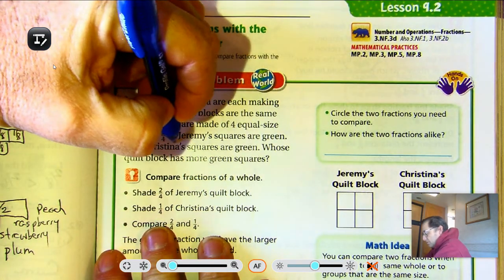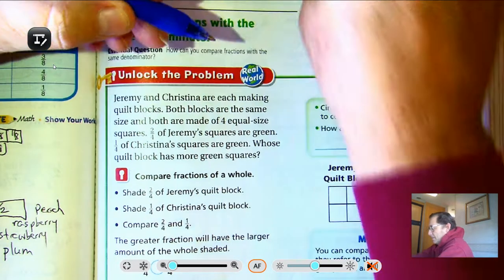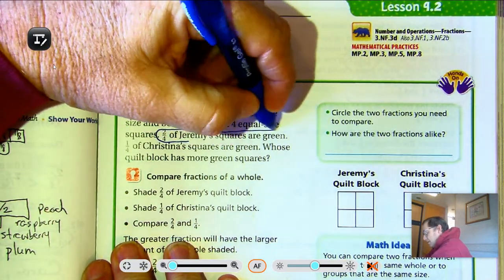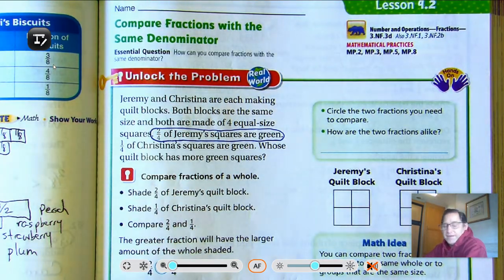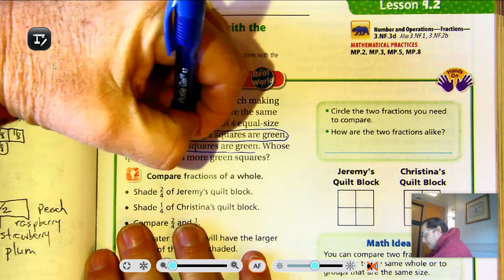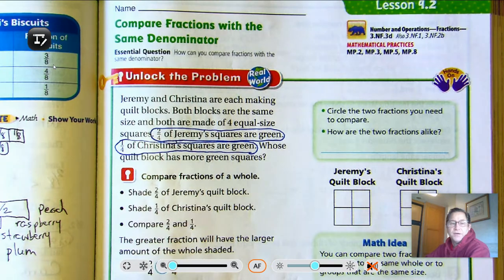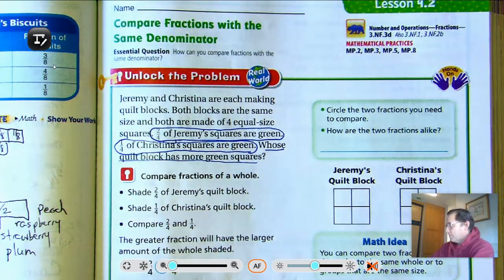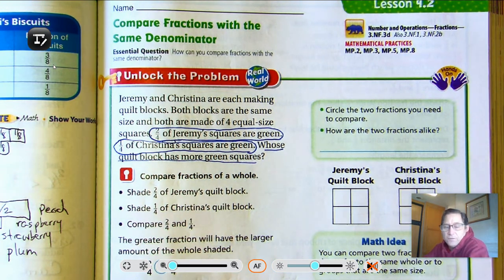All right, so it told us 2/4 of Jeremy's squares are green, and 1/4 of Christina's are green. Okay, so circle the two fractions you need to compare. We did that. 2/4 for Jeremy, 1/4 for Christina.